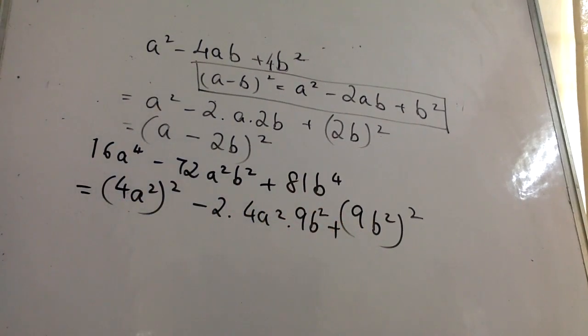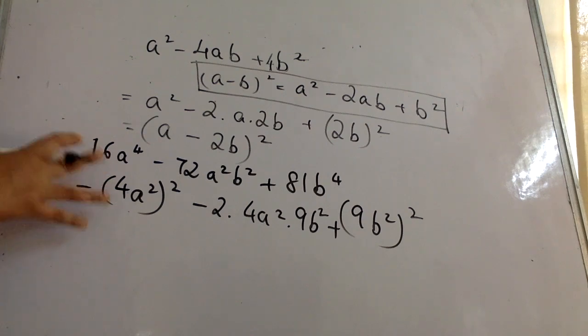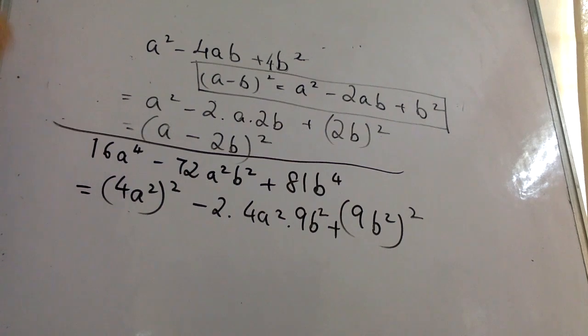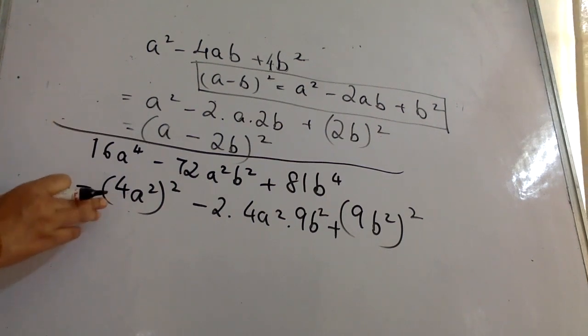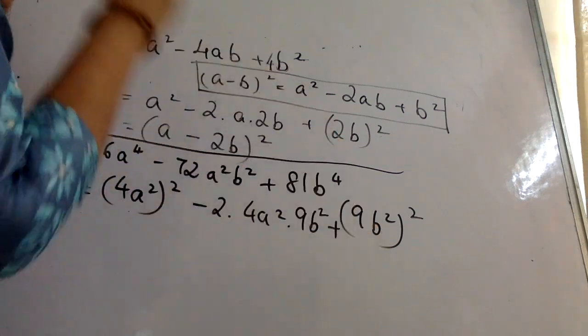Okay, so this is my final. I have expanded it like the identity, like this identity. Do not mix up the two sums. So here I have a square minus 2ab plus b square.